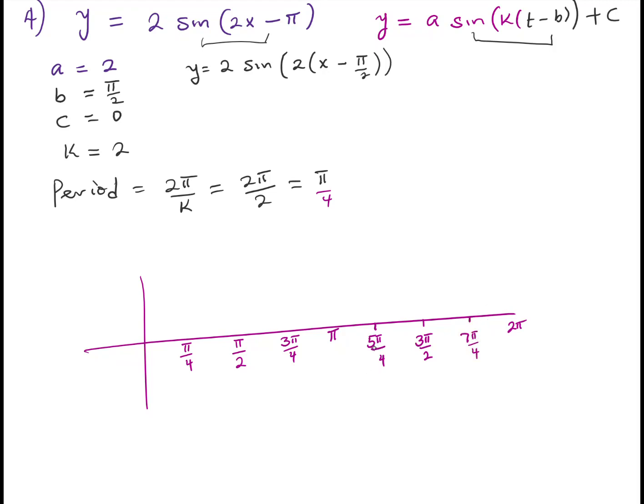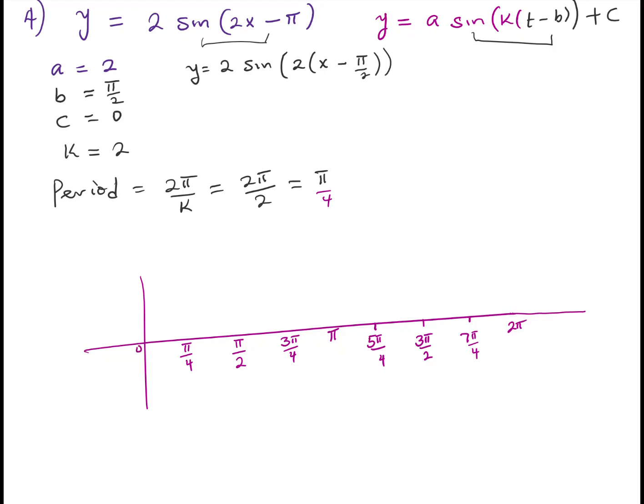Just adding pi by 4 each time. But because we do have a phase shift of pi by 2 in that case, we are going to have a shift there. So let us start.